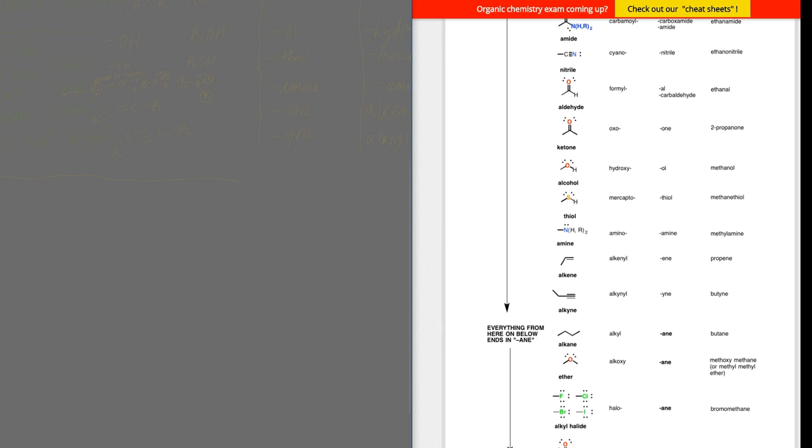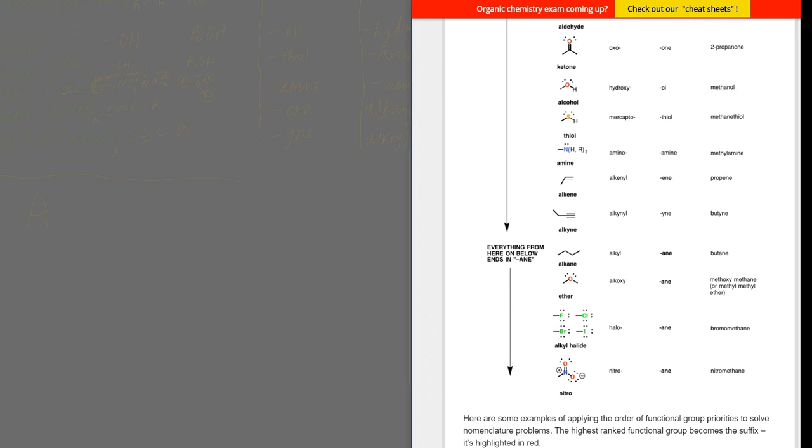Okay, and then the rest I just have it as aeons if I remember correctly, AE on. That's an H there. That's how I remember this chart.